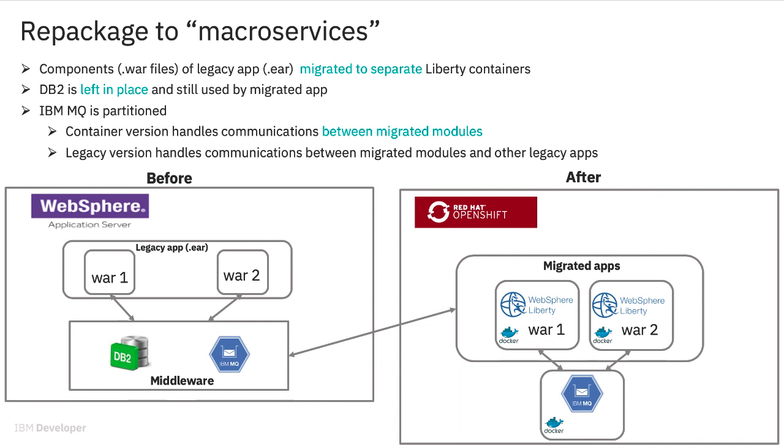In this case, we're using an example of IBM MQ, where part of the MQ infrastructure was used by the migrated components to communicate with each other. That's low-hanging fruit for migrating to a container. The rest of the MQ infrastructure, typically used to communicate with other applications within the enterprise, can be left as is.